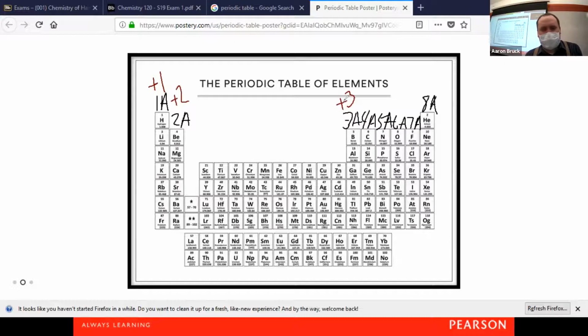Let's skip the middle for just a second. Group 8A, the noble gases, they're already an octet. They do not make ions. Your halogens in group 7A, 7 valence electrons, just 1 away from an octet, -1 charge. Your oxygen group, the chalcogens, 6 electrons, 2 away from an octet, they make a -2 charge. The nitrogen group makes a -3 charge.